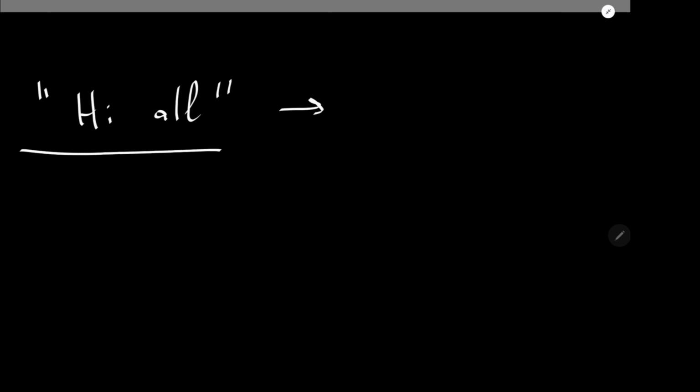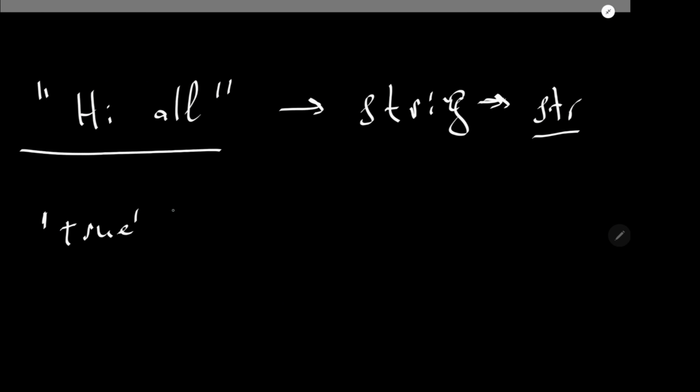Let's give another example. "Hi all". What's this? This is string. In abbreviation, it's str. As an example, I will give 'True' in single quotes. What's the type of this value?